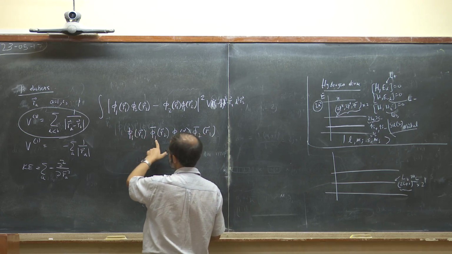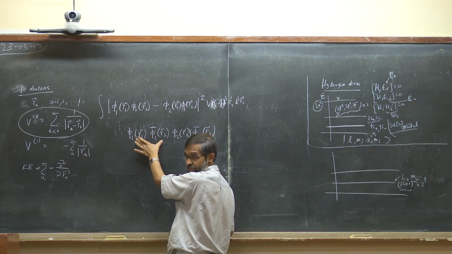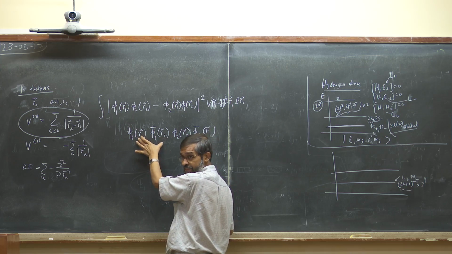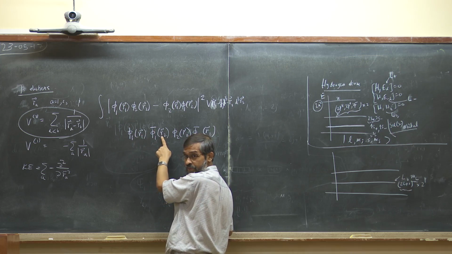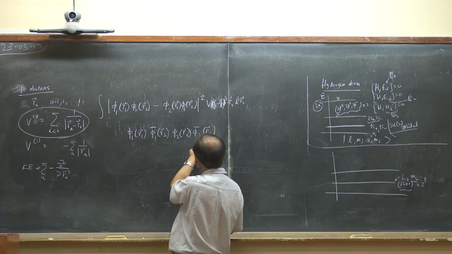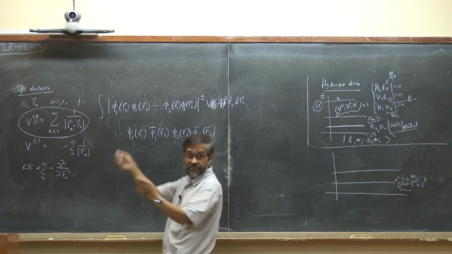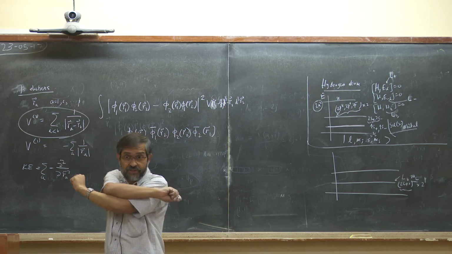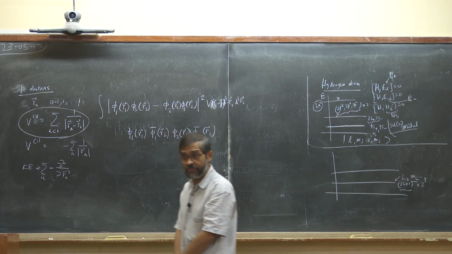So instead of phi 1 bar at R1, which would have had a natural classical understanding, here phi 1 bar and phi 2 bar have changed their locations. They have flipped, they have exchanged their locations, and this does appear in the potential energy term.